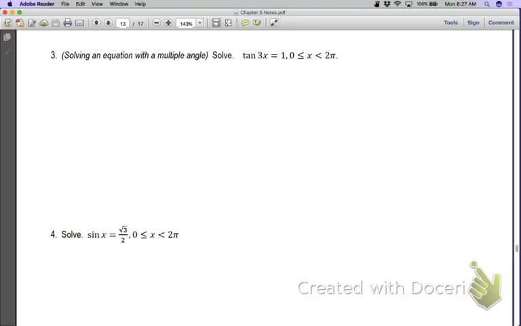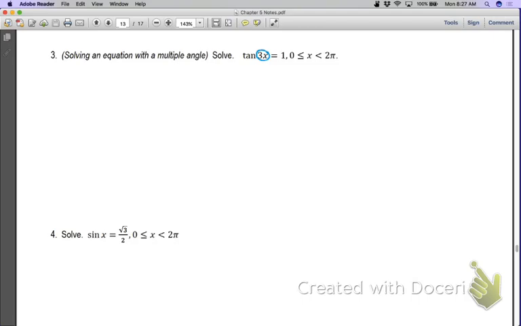I have tangent of 3x. Now, anything you have here that is something you're not accustomed to, the way I would set it up is to use a variable for your variable.